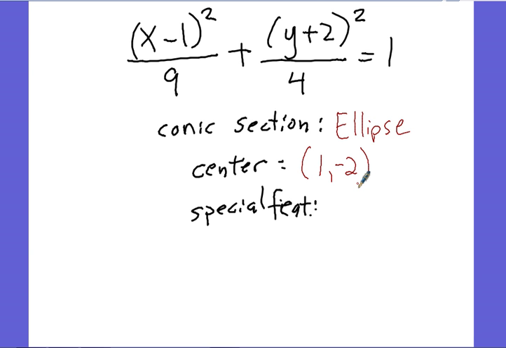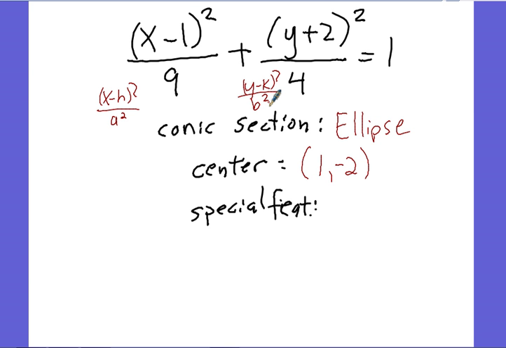Okay. Now, the special features are the horizontal and the vertical axis, right? Because I got to know, is this a long ellipse or is this a tall ellipse? The way I tell that is based on my A and B. If you remember correctly, this was (x minus h) squared over a squared, and this was (y minus k) squared over b squared. So it's kind of like the same thing as a radius, right?